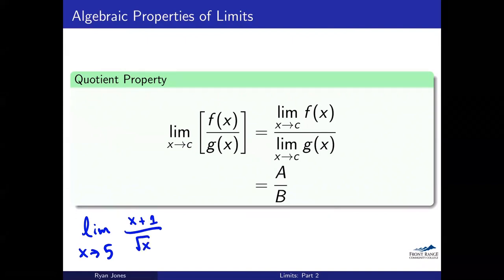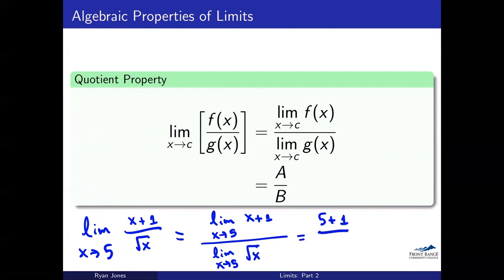If we look at this function here, I don't know how to graph x plus 1 over square root of x off the top of my head, but I'm allowed to split this limit up top and bottom. And then I'm on my way, and I can just do my direct substitution.